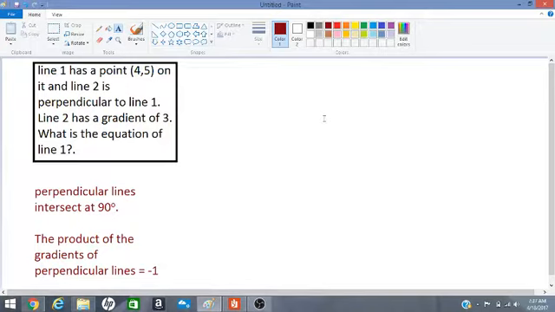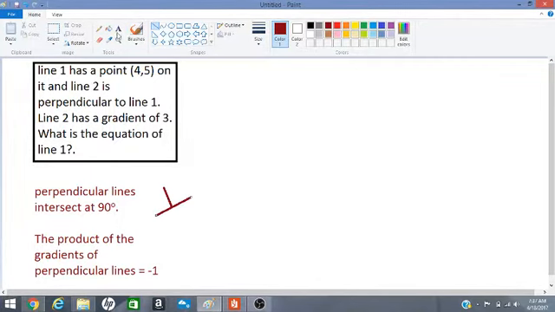So, points to note about perpendicular lines. Perpendicular lines intersect at 90 degrees. What does that look like? Let's say we have two perpendicular lines here. They will intersect each other at 90 degrees, so you will see a familiar L shape.